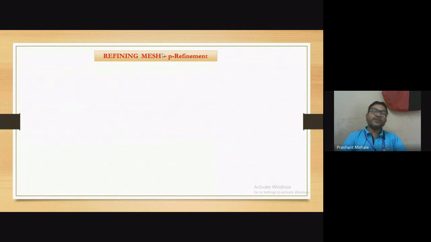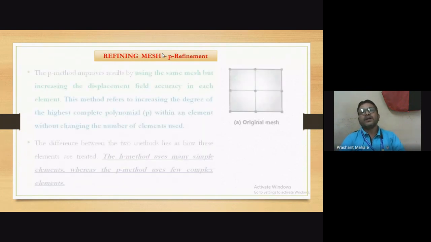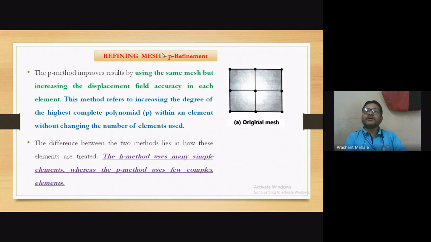So going for P refinement, understanding this P refinement, the second case. In the P method, what is done? It improves the result by using the same mesh, but increasing the displacement field accuracy in each element.